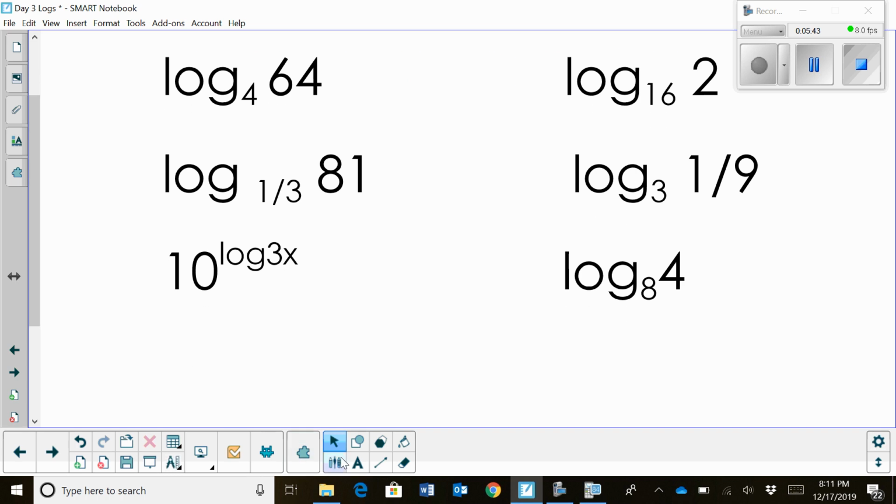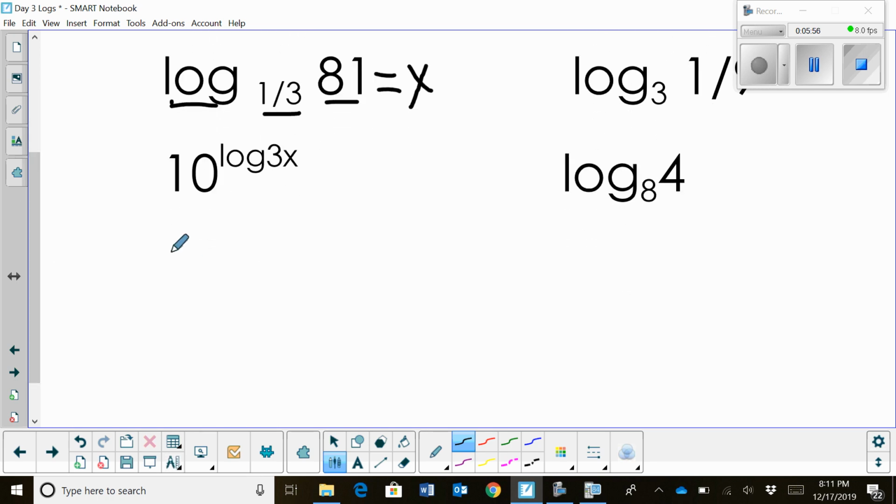Okay, so let's look at the next one. We have log base 1/3 of 81. Let's rewrite this, set this equal to x, and rewrite it as an exponential: 1/3 to the power of x, and I'm going to treat that as a full quantity, is equal to 81.